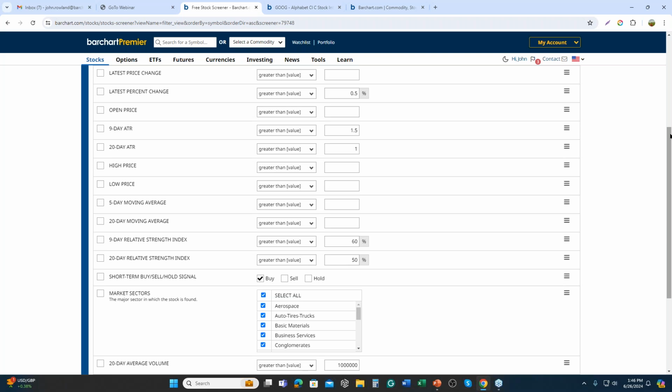So I want to see a shorter-term ATR greater than an intermediate or a longer-term one. That's why we have a 9-day ATR at $1.5 versus a 20. Really, this is more about wanting to see, on a comparison basis, an increase in volatility in a shorter period of time than in a longer period of time.